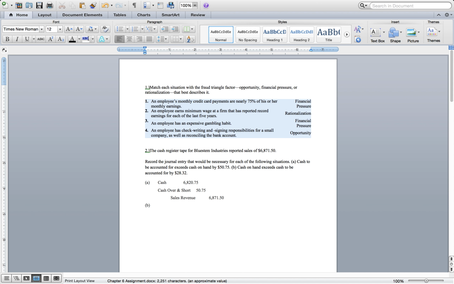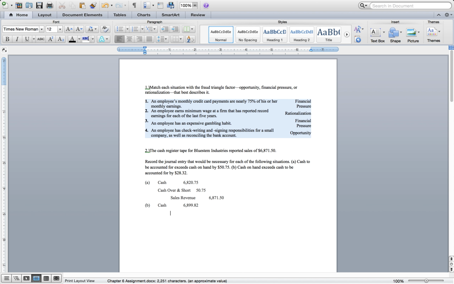Okay. Now let's go to B. B would be a little bit different. It says cash on hand exceeds cash to be accounted for by $28.32. So we're still going to debit cash, except now you want to add that to the $6,871.50. Now cash will be $6,899.82.